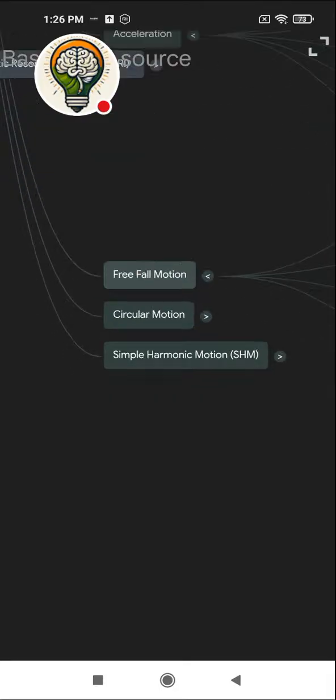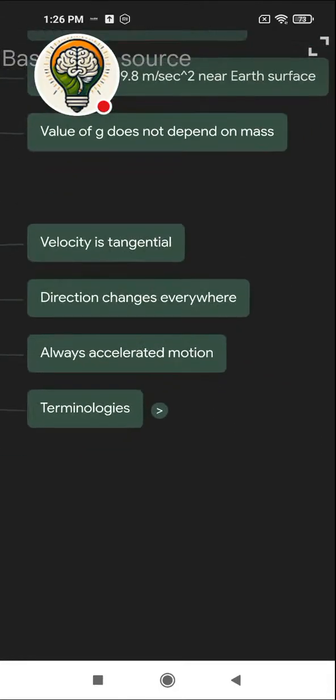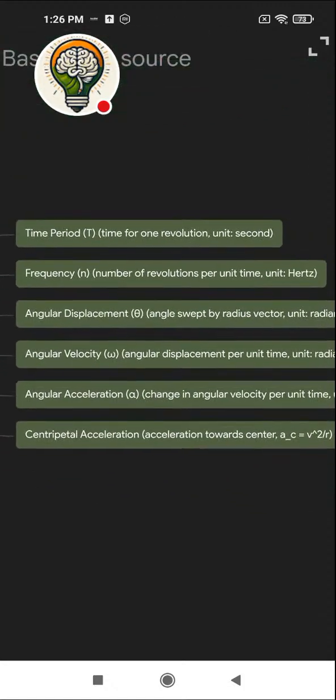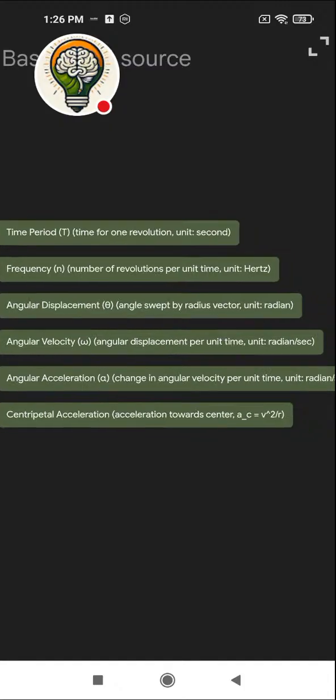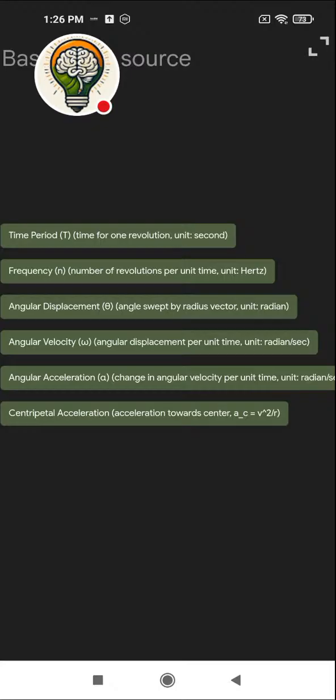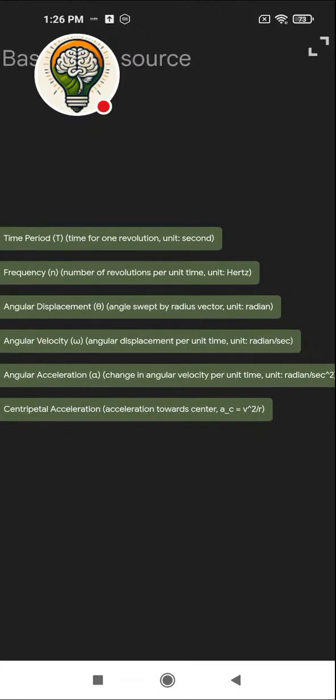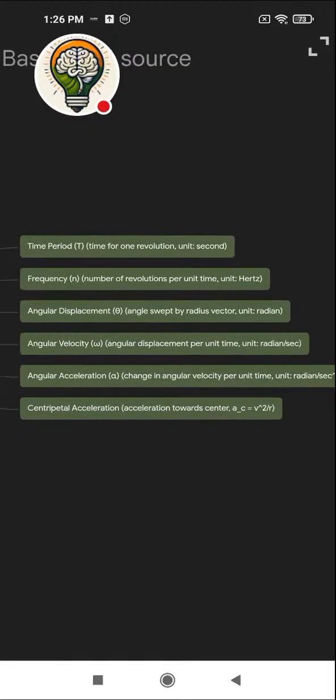Then the circular motion, so velocity is tangential, and direction changes everywhere, and it is always accelerated motion, and the terminologies are: time period T, time for one revolution, unit second; frequency, number of revolutions per unit time, unit hertz; angular displacement, angle swept by radius vector, unit radian; angular velocity, angular displacement per unit time, radian per second; angular acceleration, change in angular velocity per unit time, radian per second square; and centripetal acceleration towards center, ac equals v power 2 by r.